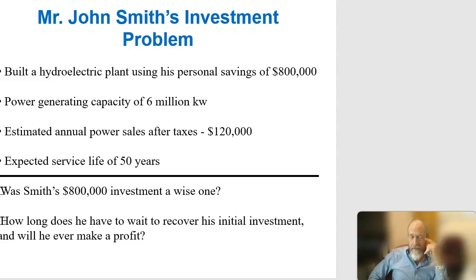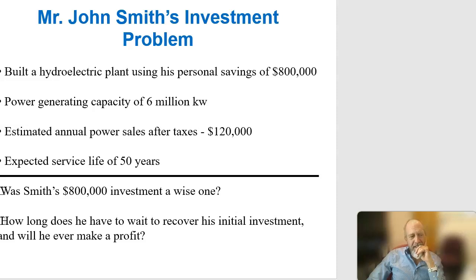Okay, put in $800,000, got $120,000. Service life of 50 years. It's a long time. Now, question here: when will he make a profit? That's the question. When will John Smith make a profit?